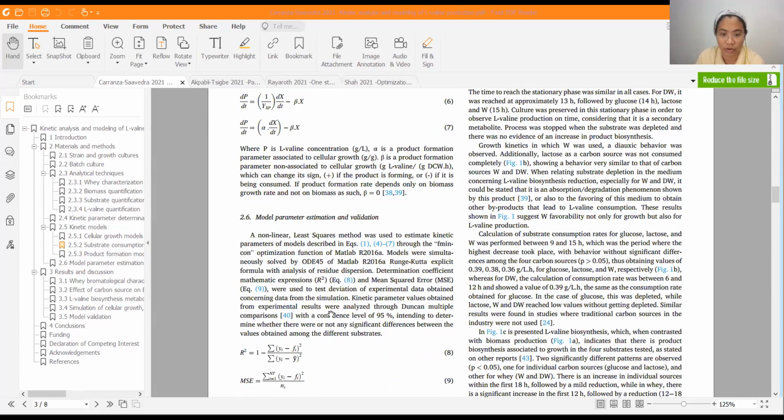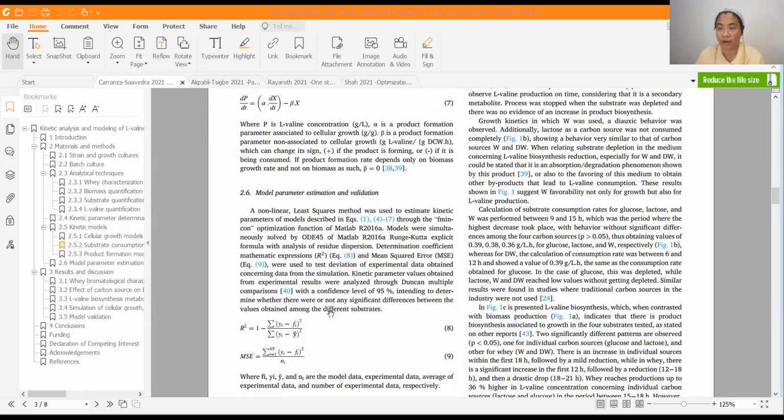One thing you can do to identify the statistic is to look at the materials and methods, and the results and discussion.